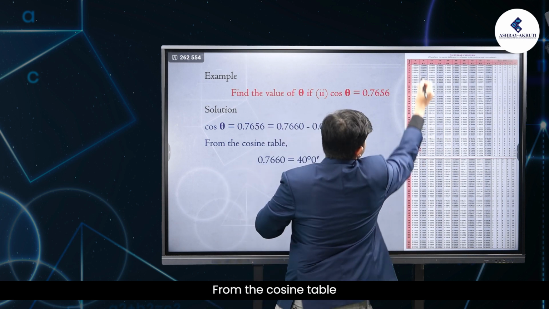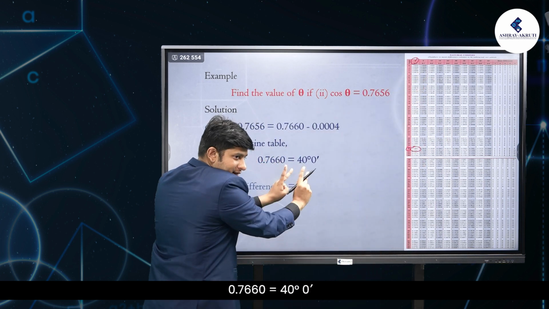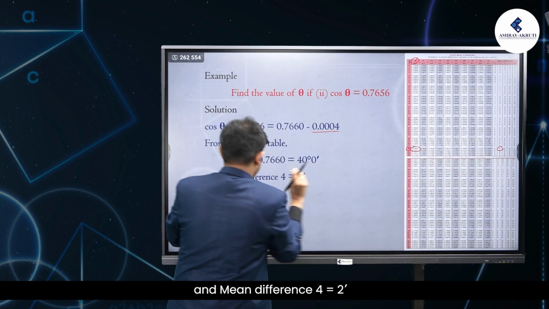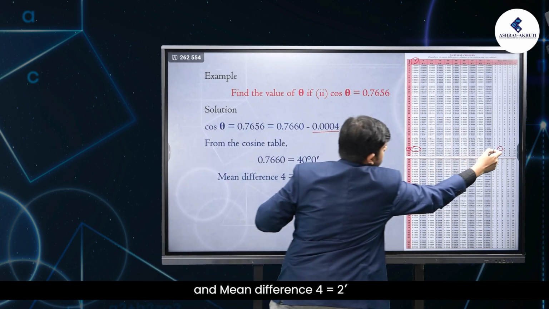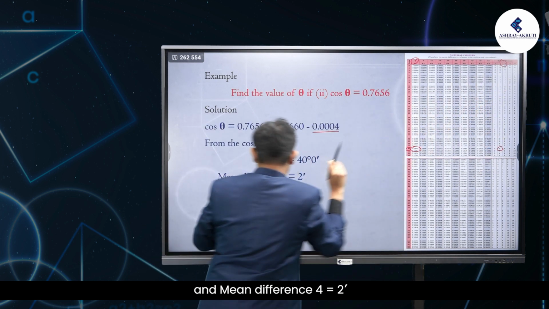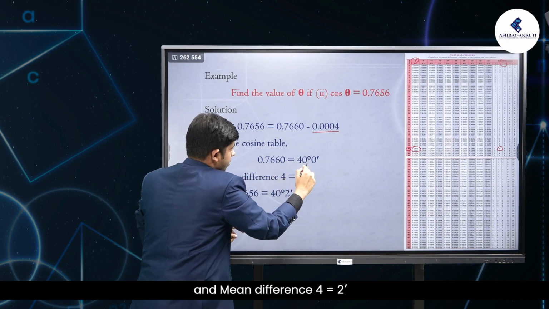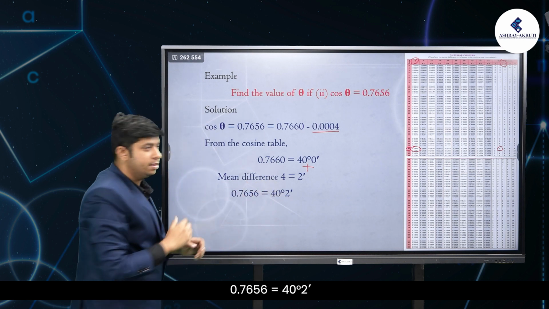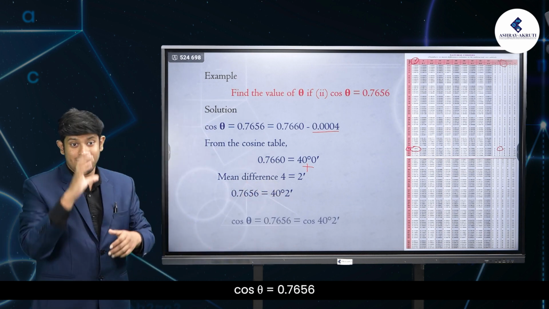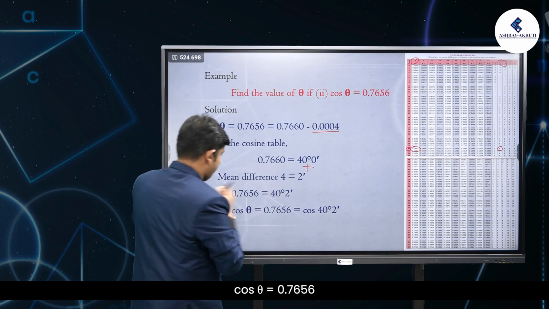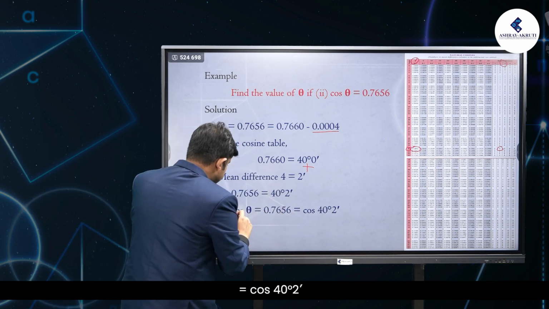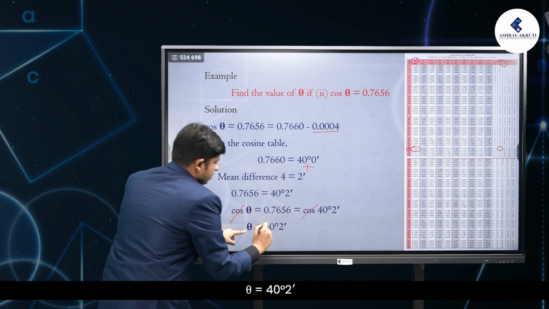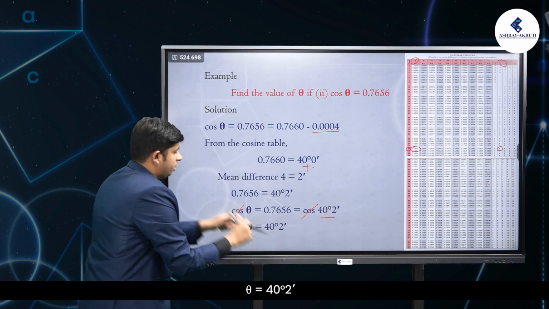From the cosine table, 0.7660 is equal to 40 degrees 0 minutes and mean difference 4 is equal to 2 minutes. So 0.7656 is equal to 40 degrees 2 minutes. Cos theta is equal to 0.7656 is equal to cos 40 degrees 2 minutes. Theta is equal to 40 degrees 2 minutes.